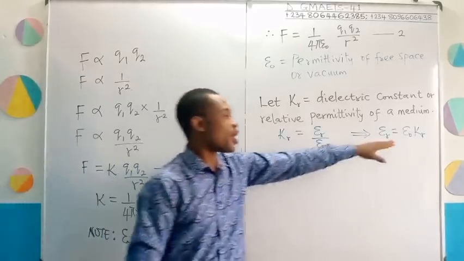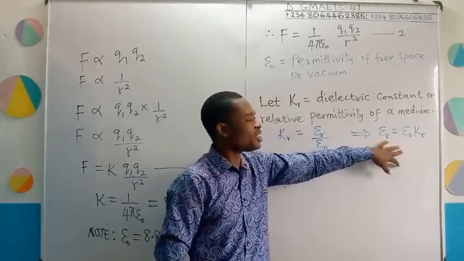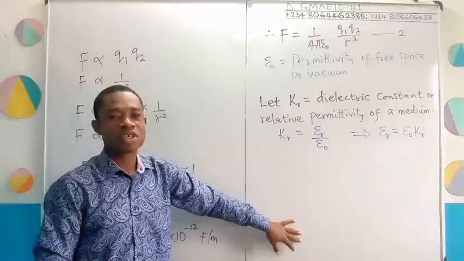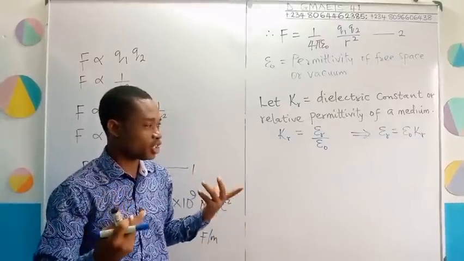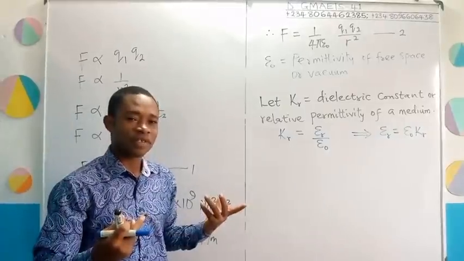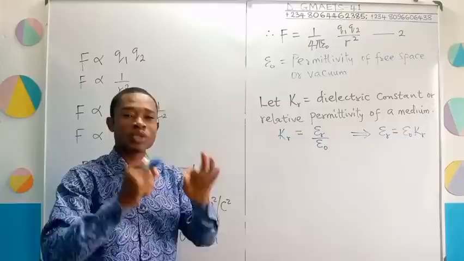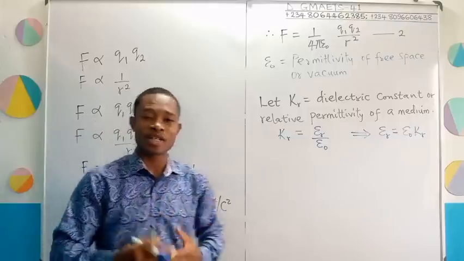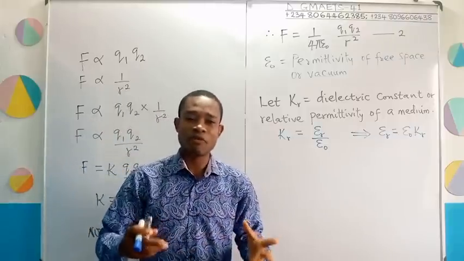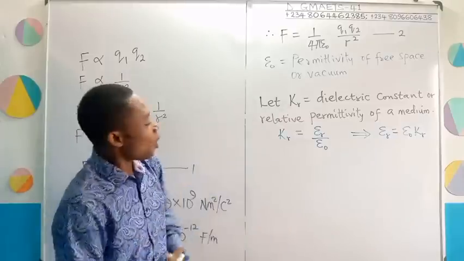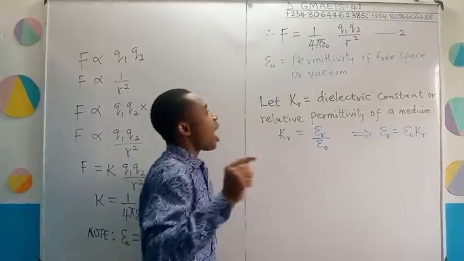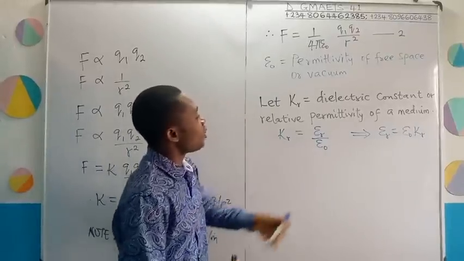At this point, we are going to do something which is very significant when dealing with Coulomb's law, something that most times we don't give attention to, but it exists and is very important, because that is what would help us to quickly determine the electrostatic force between two charges when they are placed in any medium. What we are going to do is this. I want to say something very important now.